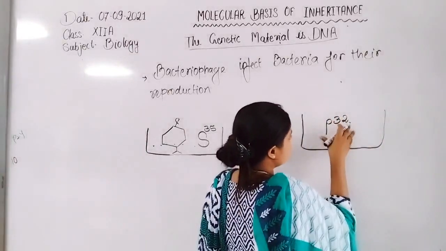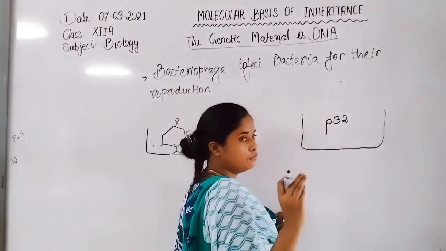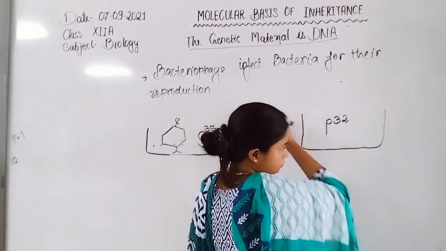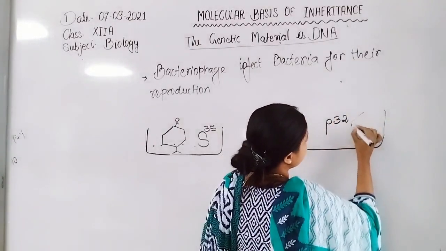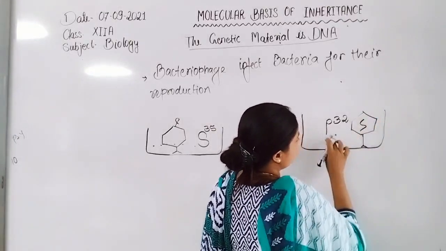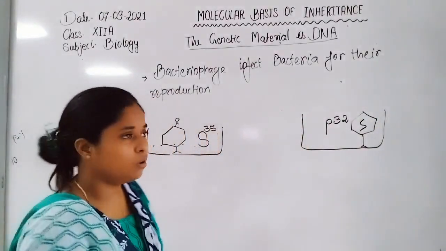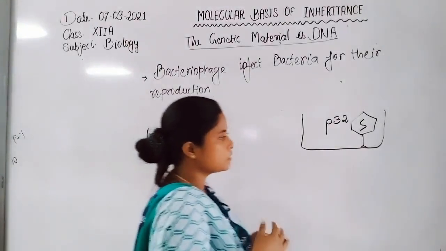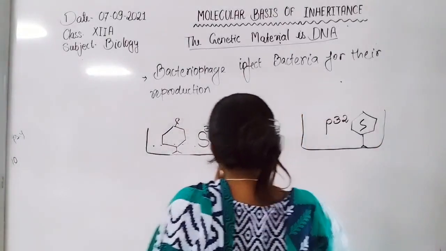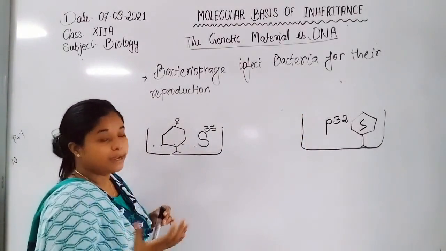Now those bacteriophages grown in the medium of radioactive phosphorus have radioactive DNA, because phosphorus is not present in protein molecules, only in DNA. Whenever synthesis takes place, the DNA molecule always has radioactive phosphorus.